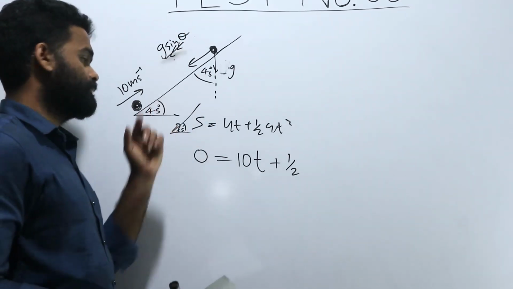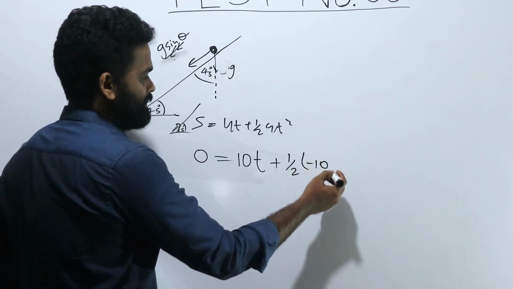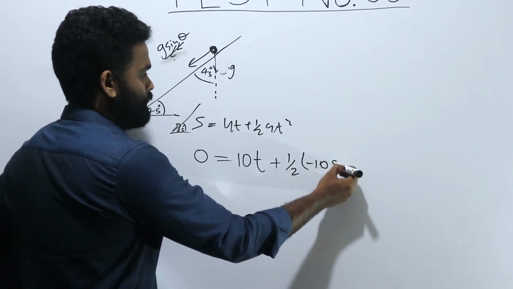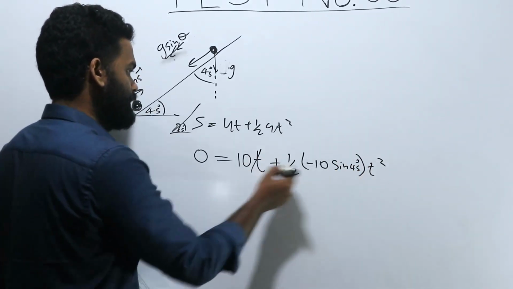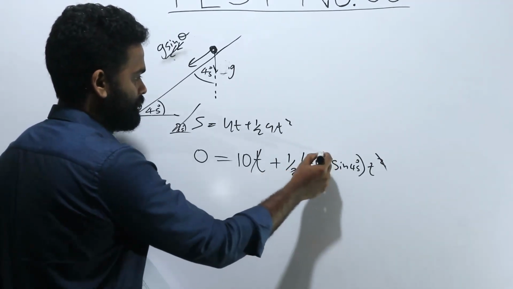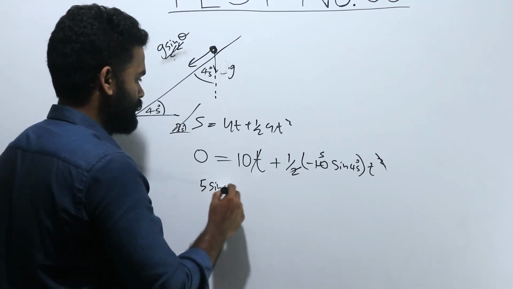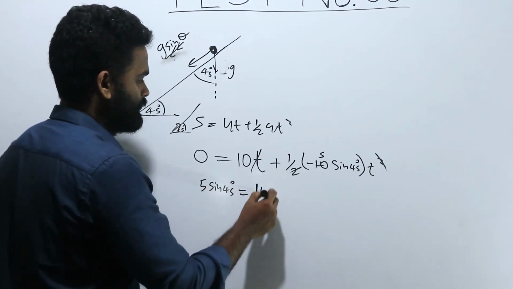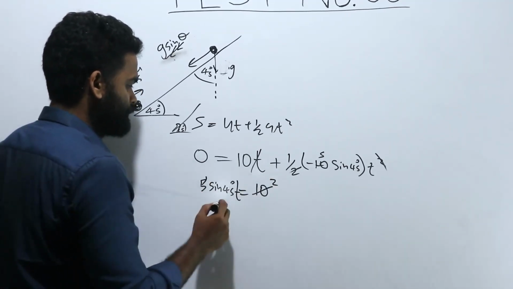Here the theta is 45 degrees. So if I substitute g as 10, sin 45, t squared. T cancels off. Then this is 5 sin 45. 5 sin 45 is equal to 10. 5, this is 2.